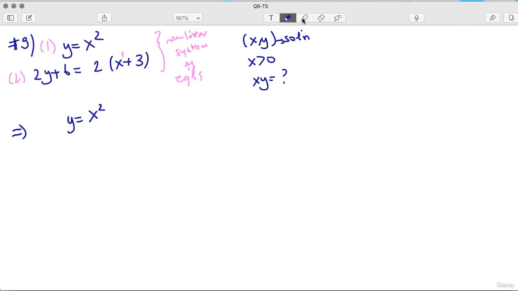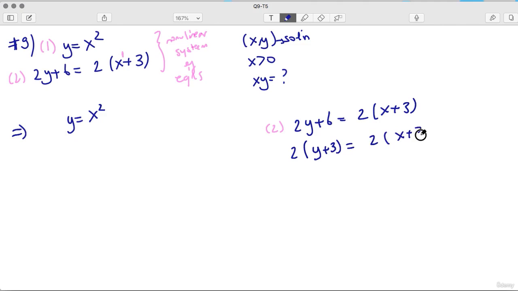The second equation is 2y plus 6 equals 2 times (x plus 3). I'm going to factor 2 out of the left side in parentheses: 2 times y, 2 times 3, 6. So this is the same thing. On the right side, we still have 2 times (x plus 3).